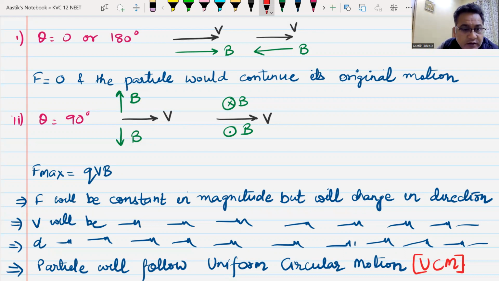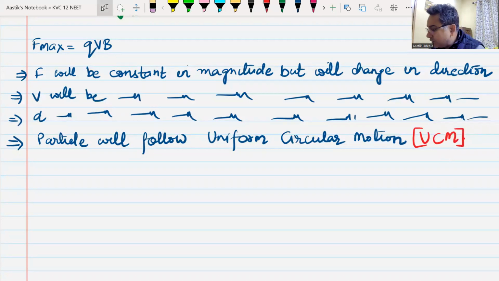Now, what all things must you remember about this? Remember this force that we are talking about, this maximum force QVB, this force will be pointing towards the center of this circular motion.